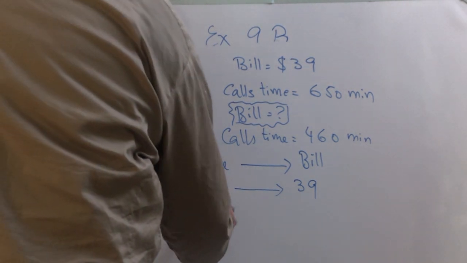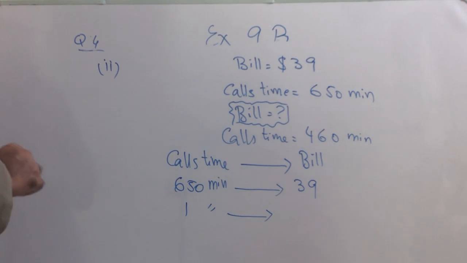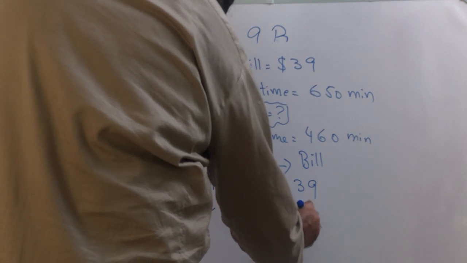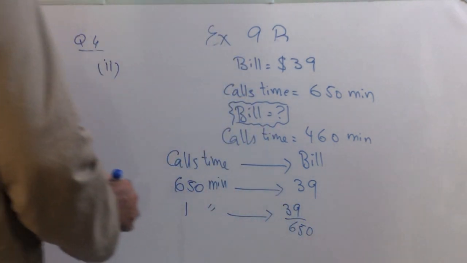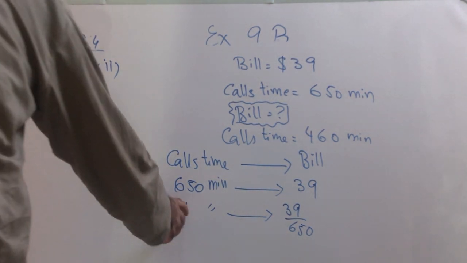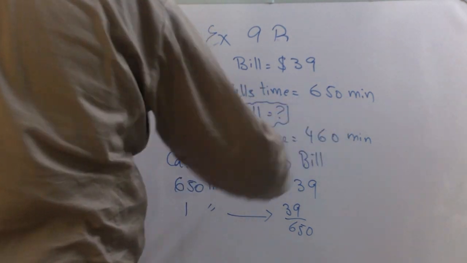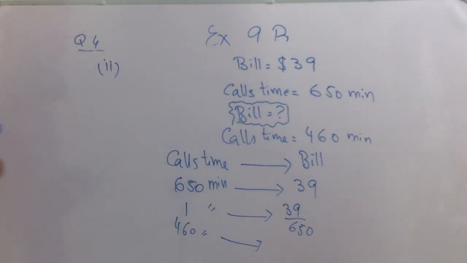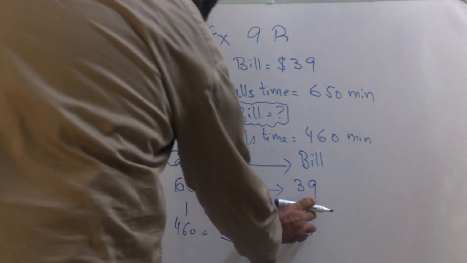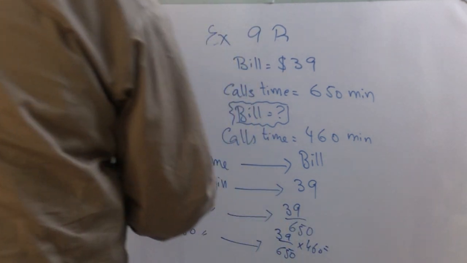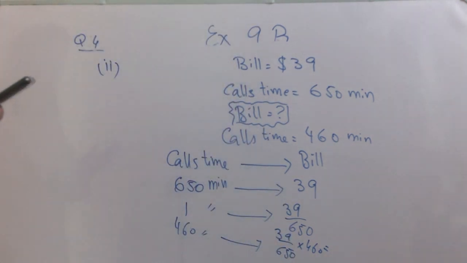If he is using only 1 minute, the bill will be less, so the bill will be divided by the minutes. If we have the cost for 1 minute, we can find the cost for 460 minutes. If for 1 minute it is this, then for 460 minutes it will be more. So we'll multiply this with 460, and we will get our answer.